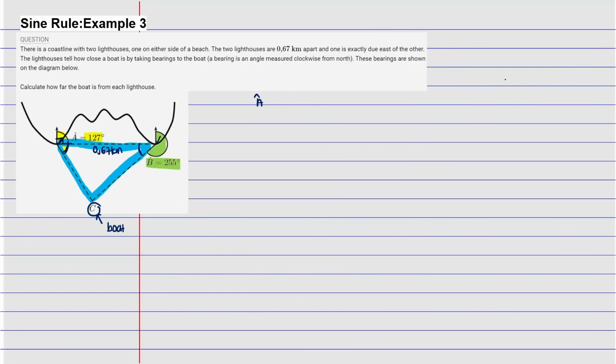Let me draw the diagram here so it makes sense, because the other diagram is going to give us a problem. This is A, this is C, and this is B. I want this angle. We know the angle that's included has 127, but we know there is a 90 degrees, which I just indicated here.